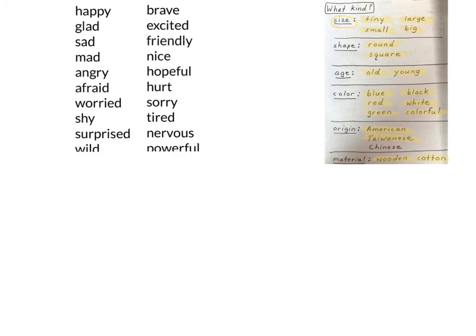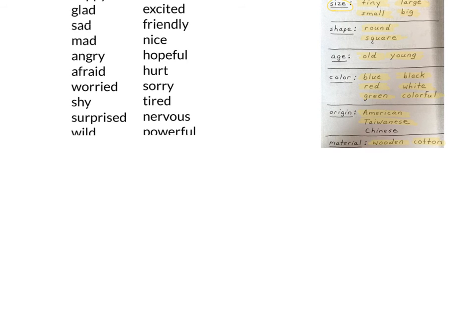So let's do a couple together. My subject is going to be red. Now you can practice using a name of a person, or you can say he or she. So let's see, I could say he is mad.